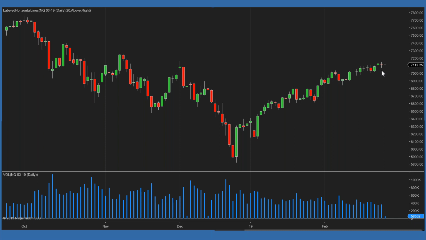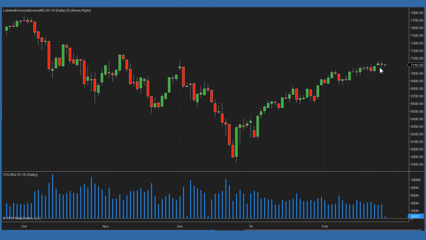What I'm keeping a lookout for is a divergence in the volume and the price chart. Typically, volume has a direct relationship with price, meaning big bars should have big volume, small bars should have small volume.